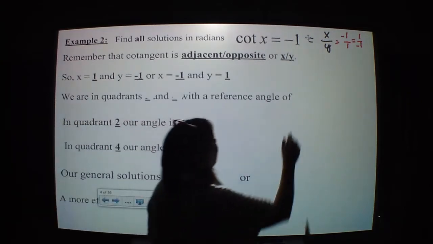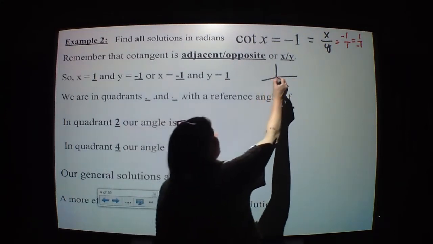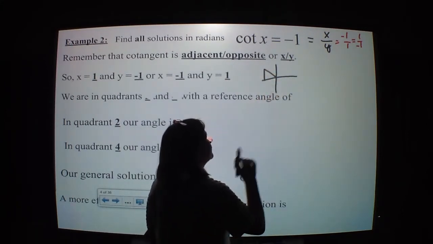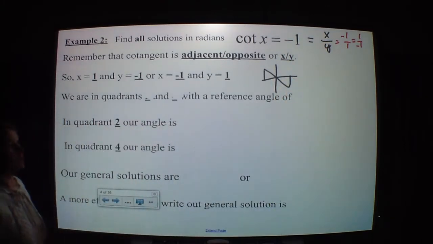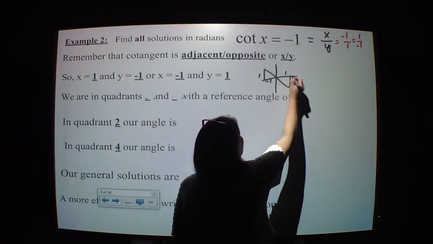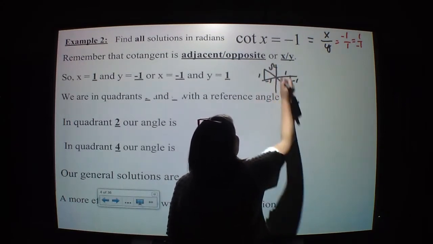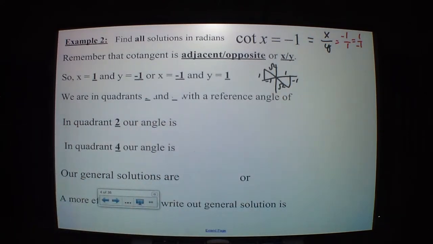So now that I know that, negative. Remember, around the unit circle, I'm negative in the second quadrant. I'm also negative in the fourth quadrant. There's a picture of it.